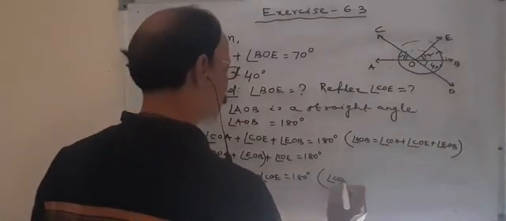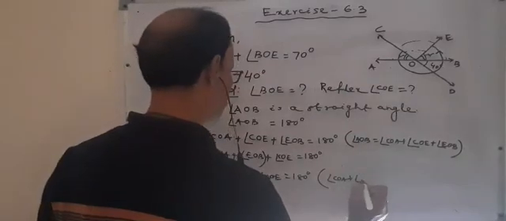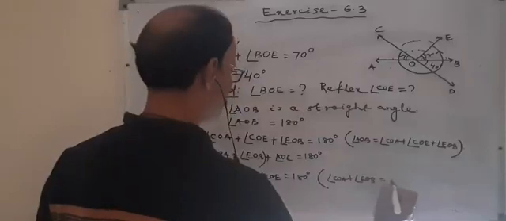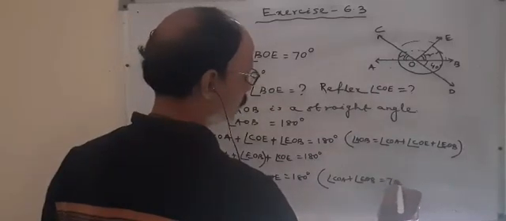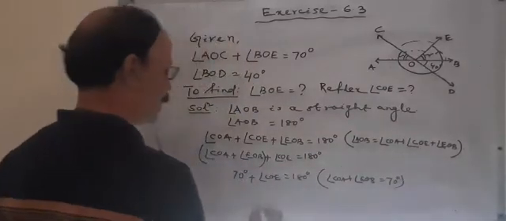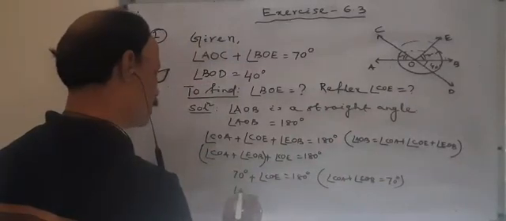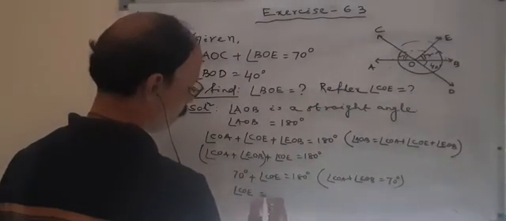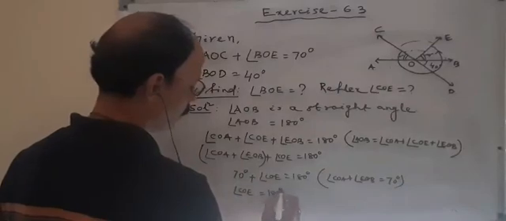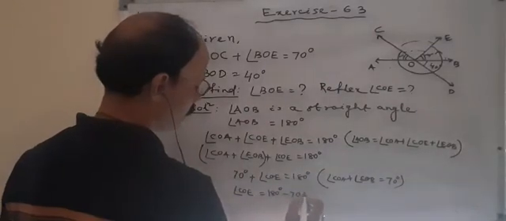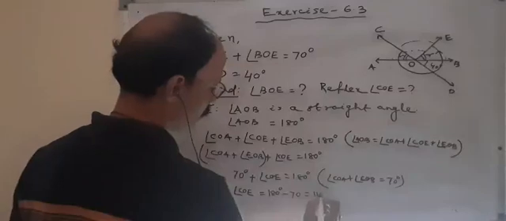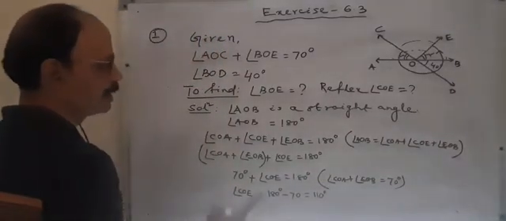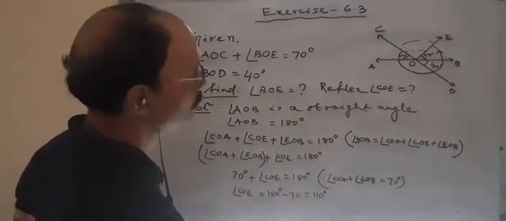Because we know angle COA plus angle EOB equals 70 degrees. So COE will be 180 degrees minus 70, that is 110. This is the angle COE.